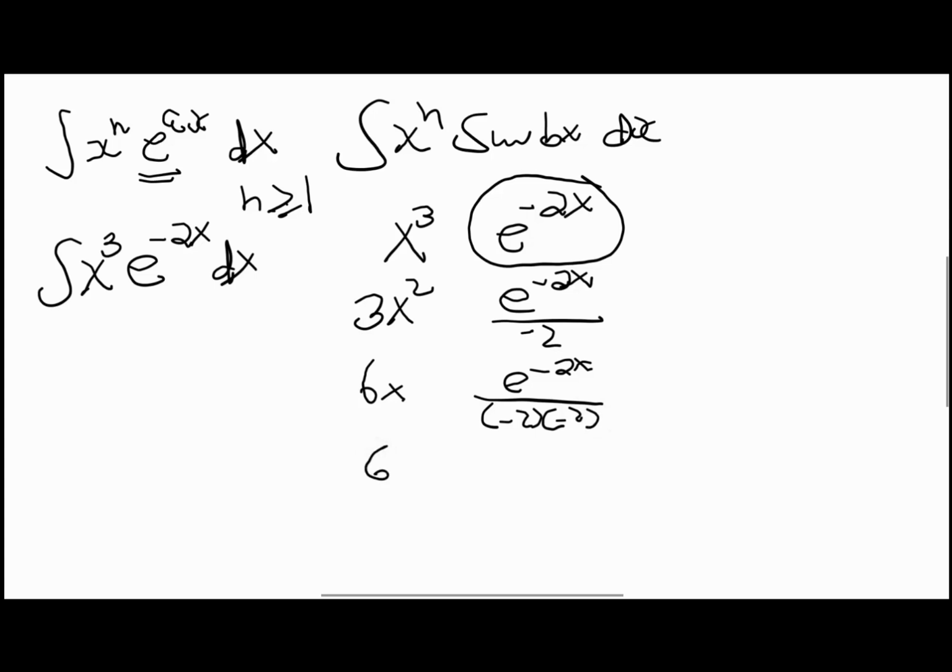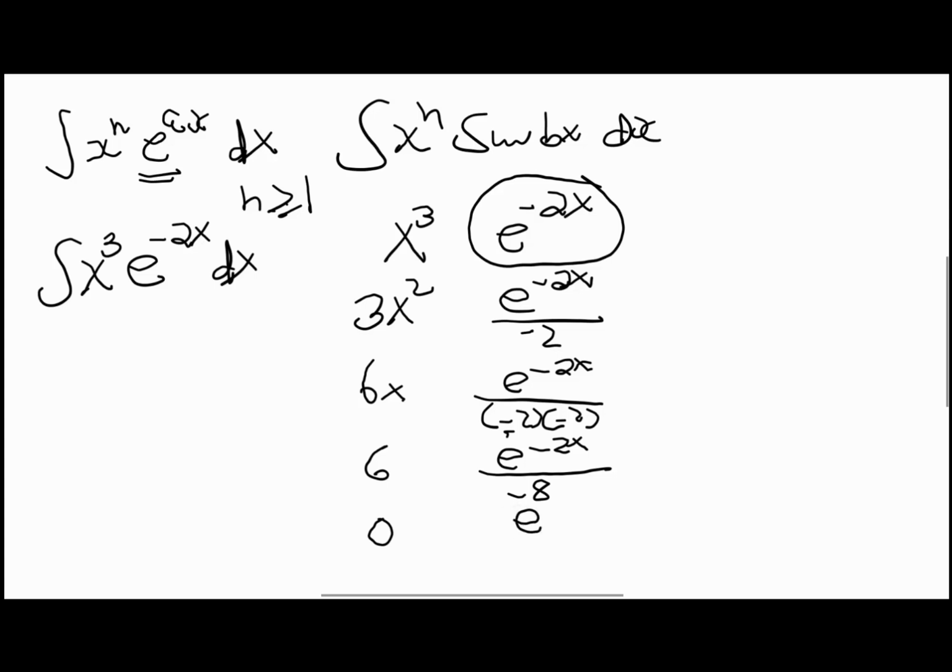so you get a 6, and here you get e to the negative 2x again, and this time what we will have is negative 2 times negative 2 and another negative 2 coming in, so that will be negative 8. Then the derivative of 6 is 0, and that's where we are almost done.